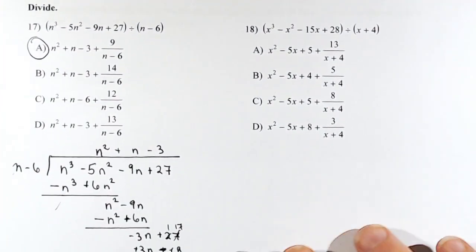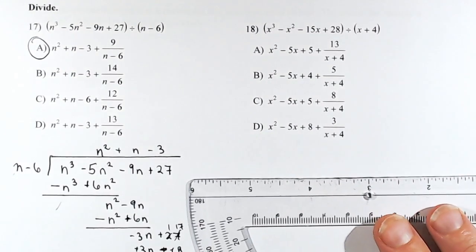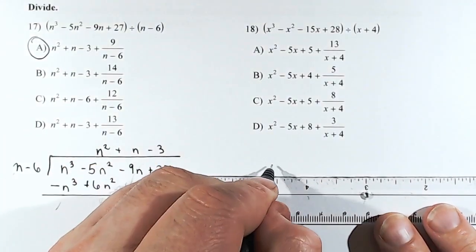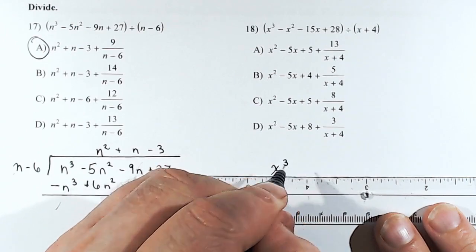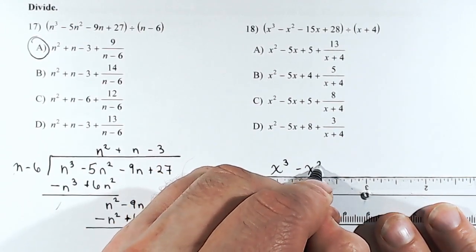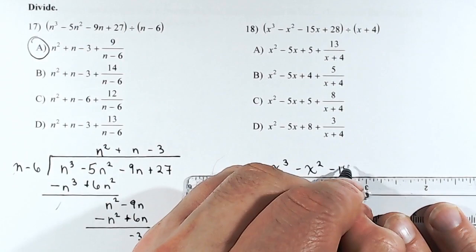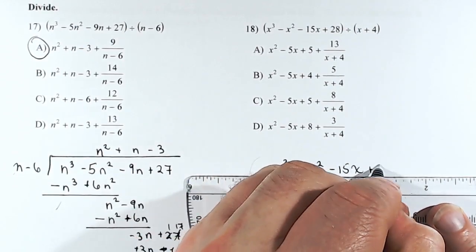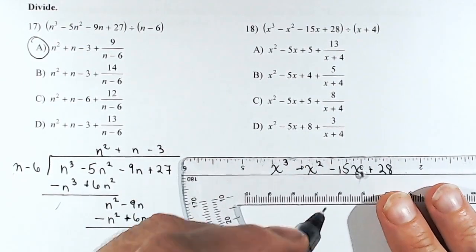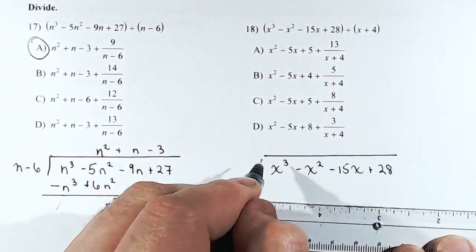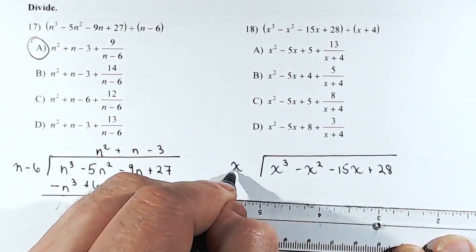Okay, number 18, we're going to do the same thing. So we'll just rewrite it here, x cubed minus x squared minus 15x plus 28 divided by x plus 4.